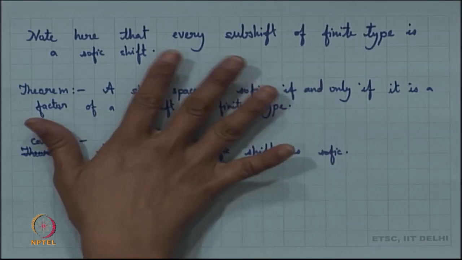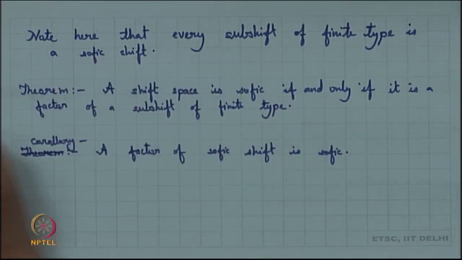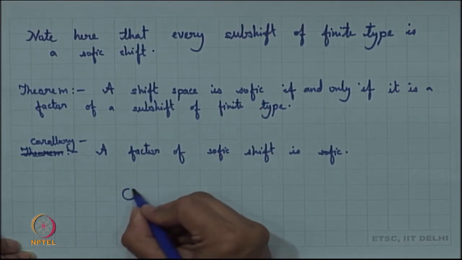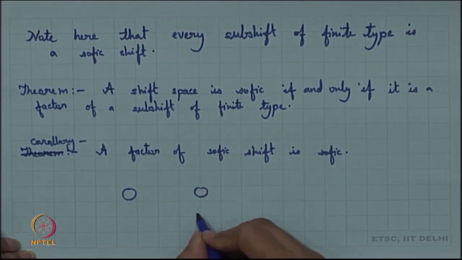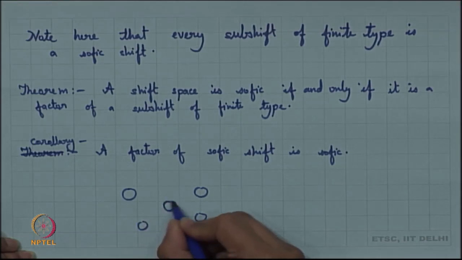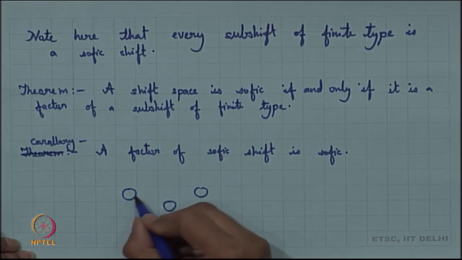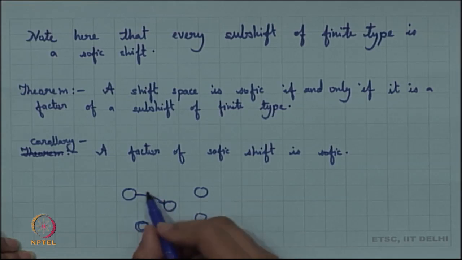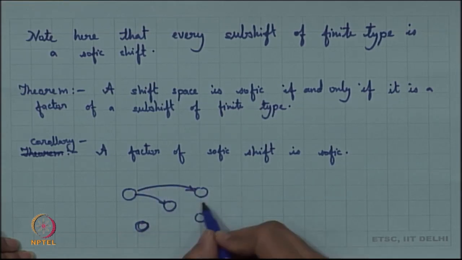I think we are not getting into details, although one could start with this in various forms. The only thing I want to note here is that if you take up any labeled graph, your labeled graph would be something like this. So, you have some vertices here, and edges joining the vertices.